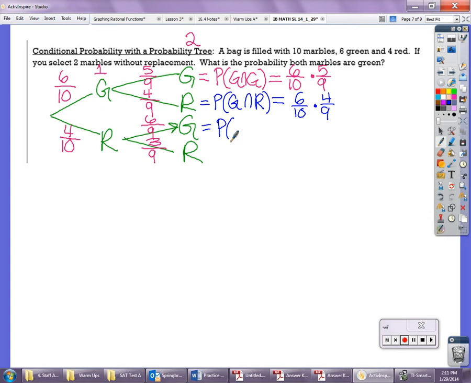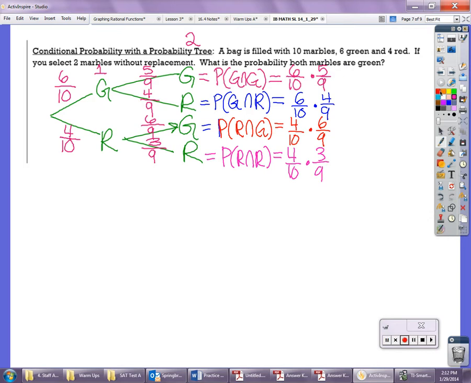The probability of red and green would be 4/10 multiplied by 6/9, and then the last one, the probability of red and red, would be 4/10 times 3/9.